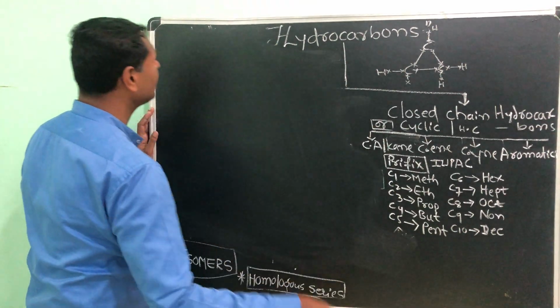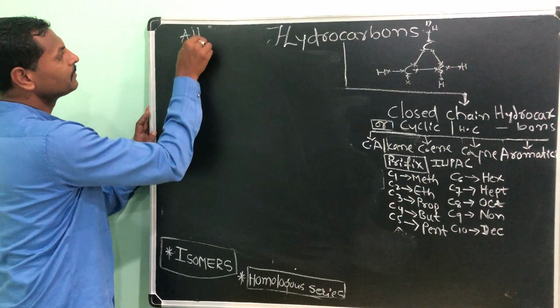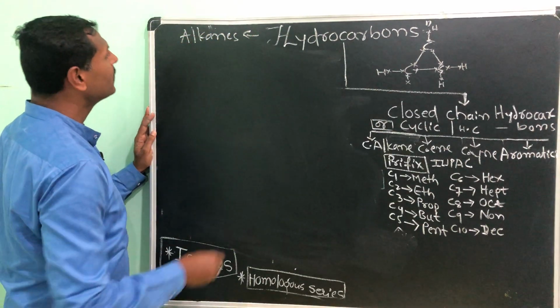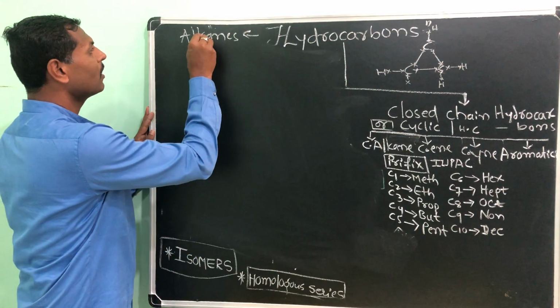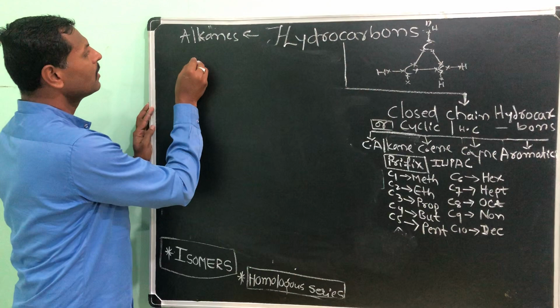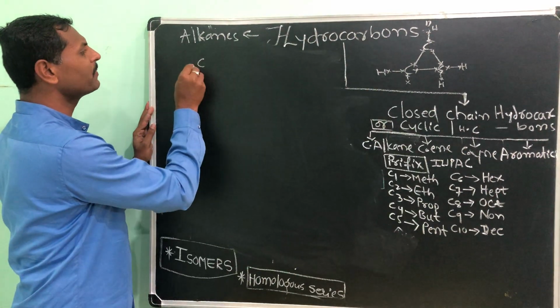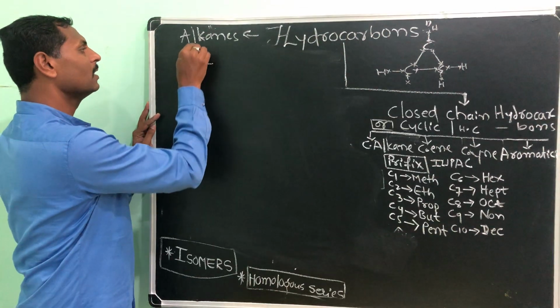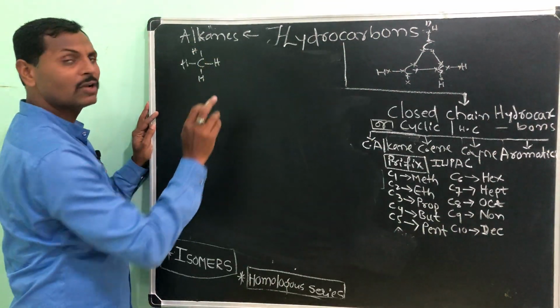Understood? Okay then, see alkanes, once again these are hydrocarbons, saturated, or paraffins, alkanes. In that, the first member I will take, first member means only one carbon, 1, 2, 3, 4. See, why 4? Because each carbon should have 4 bonds.